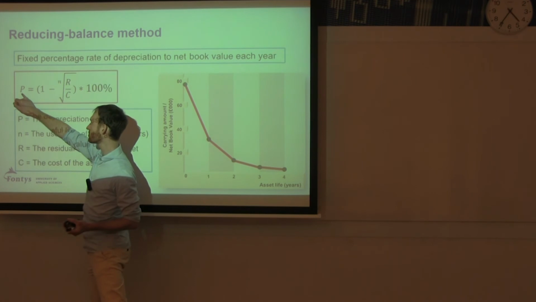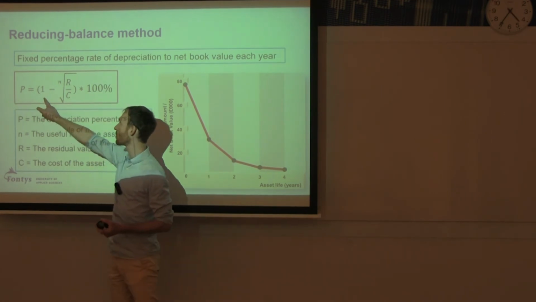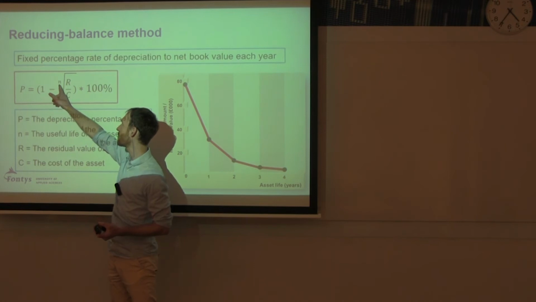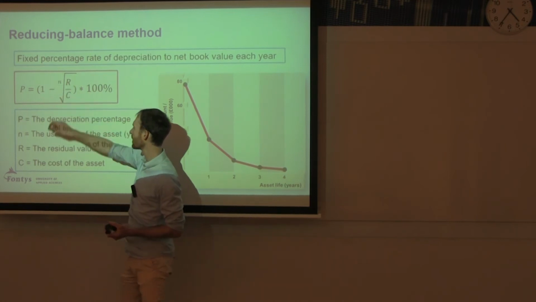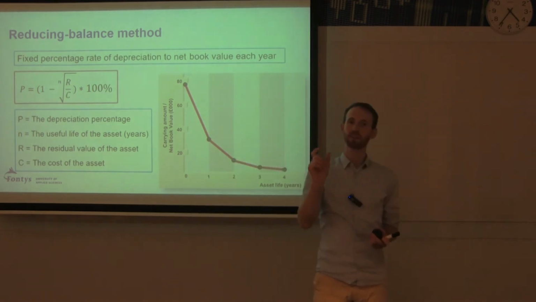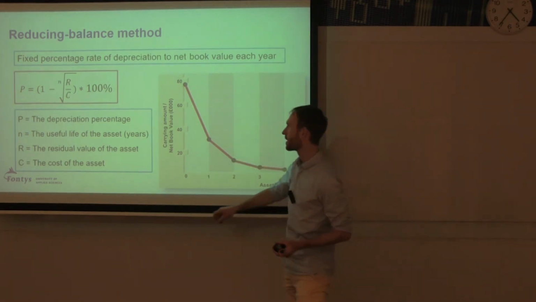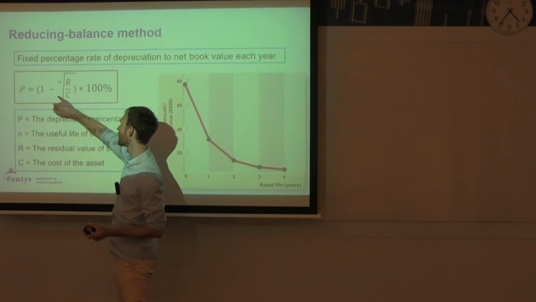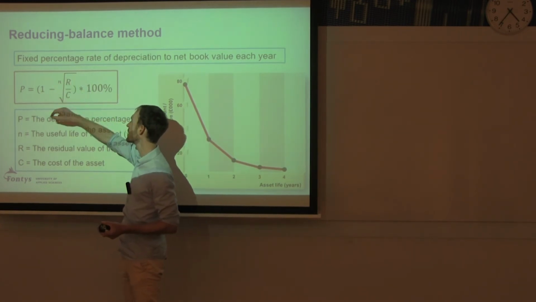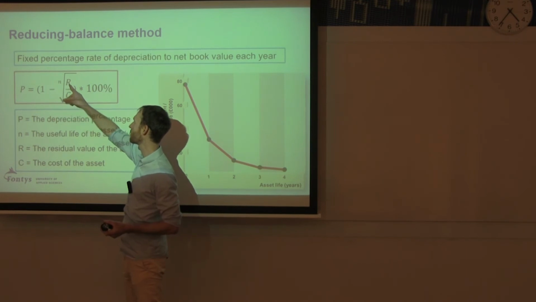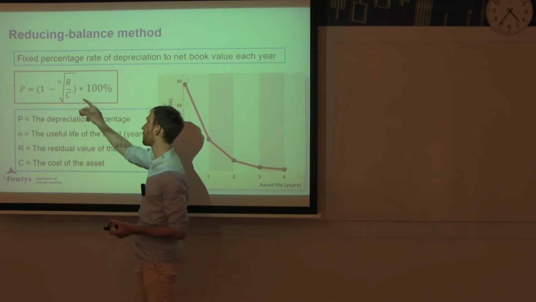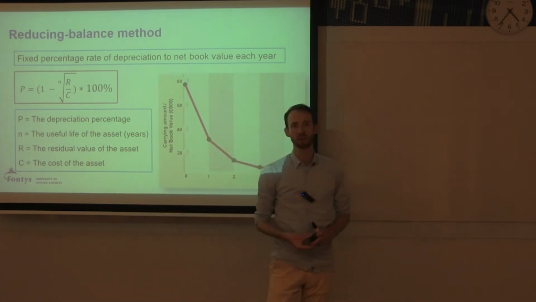The percentage of depreciation equals, open bracket, 1 minus, and then we have the n-th root, and n is the useful life of the asset in years. So we simply take the amount of years, put this in front of the root, so let's see, fourth root, fifth root, or something like that, and then we have the residual value divided by the cost, and multiply with 100 to get to the percentage.